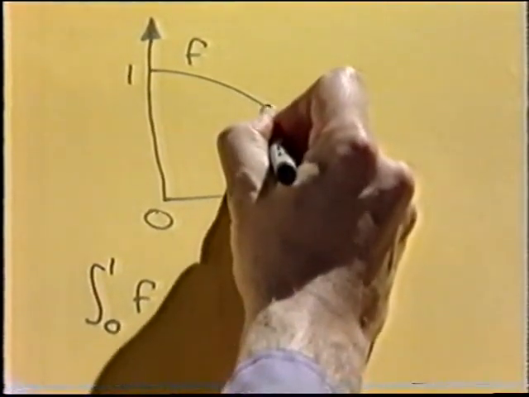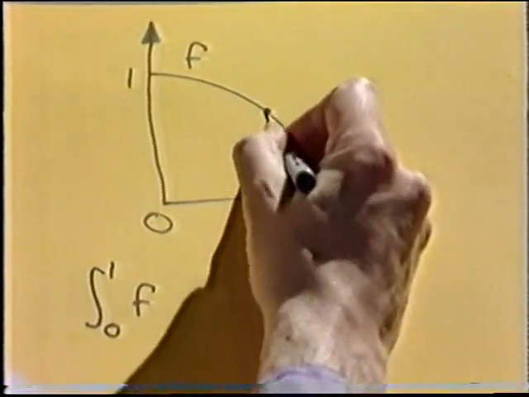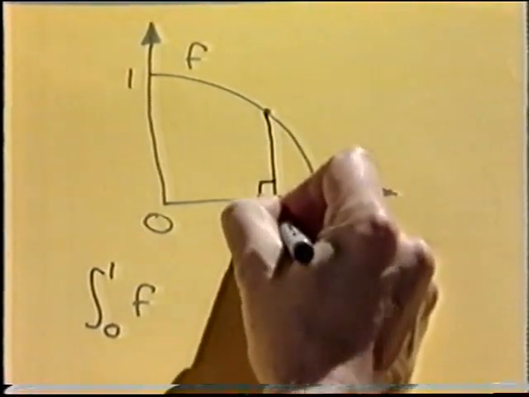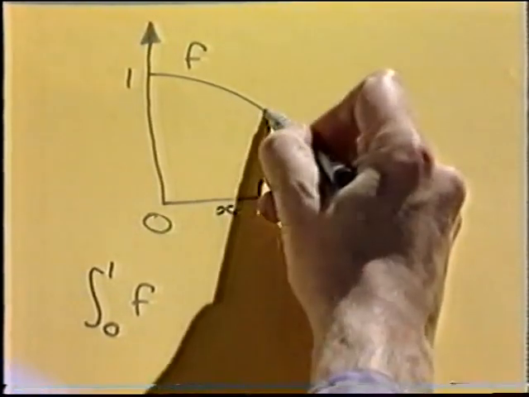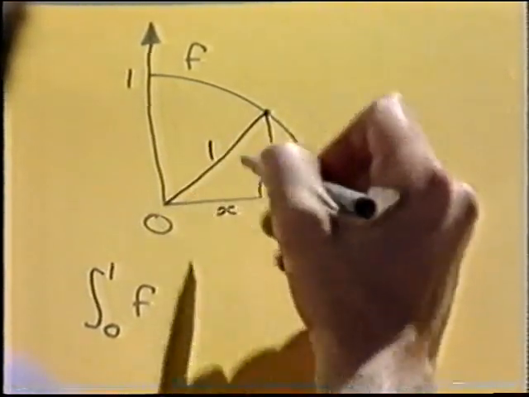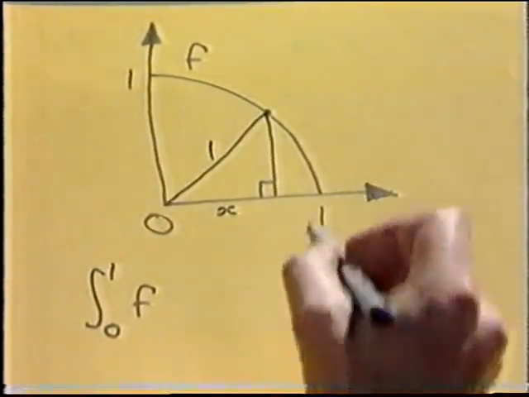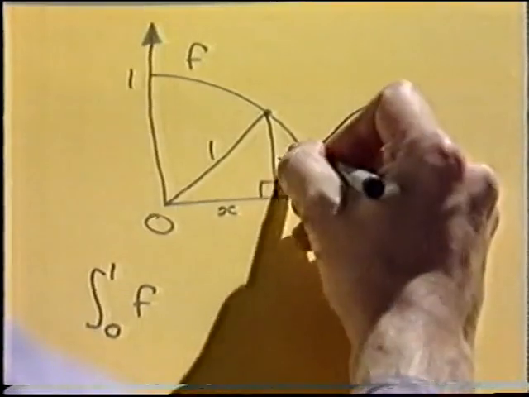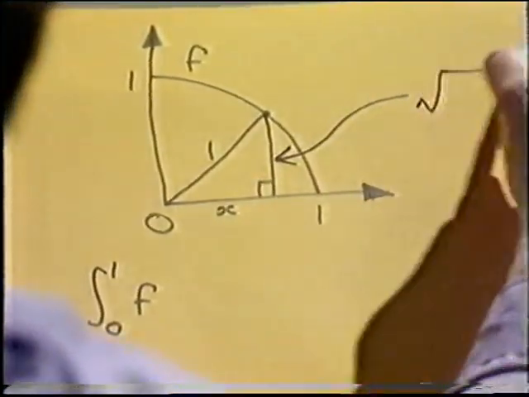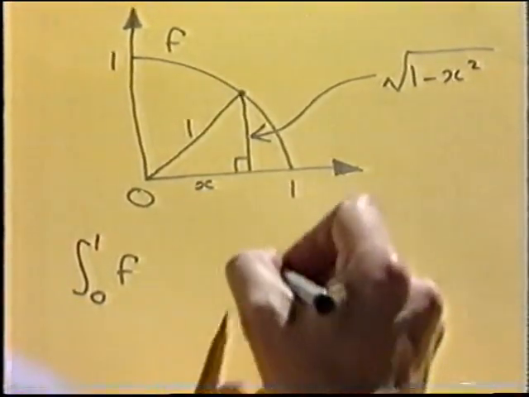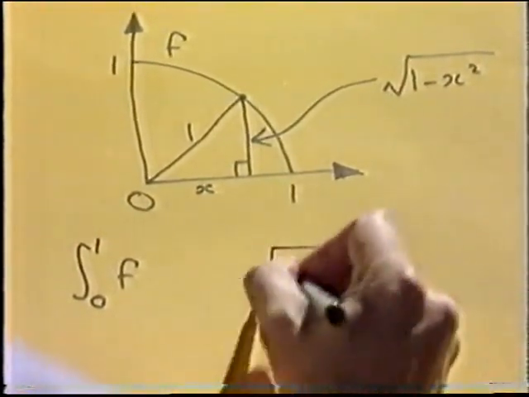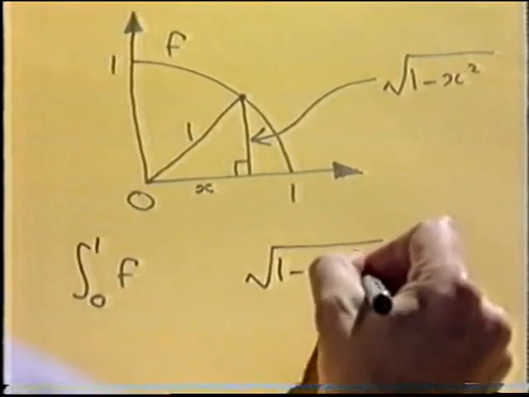Let's take a typical point on the circle and draw in a perpendicular. This distance is x, and this is 1, the radius of the circle. So by Pythagoras, this distance must be the square root of 1 minus x squared, which means that f of x is root 1 minus x squared.